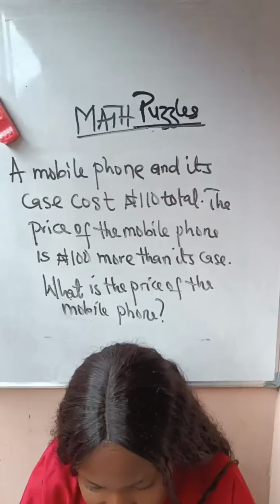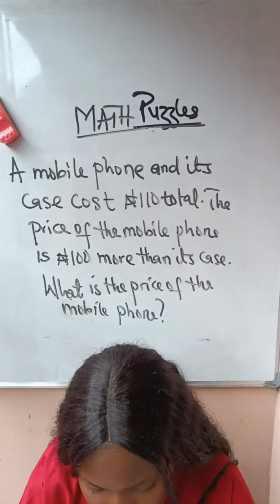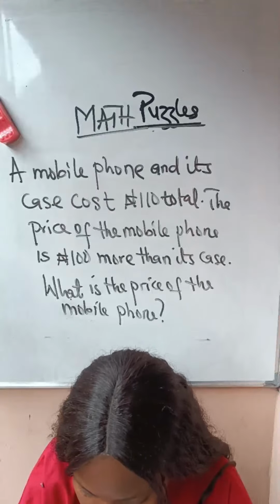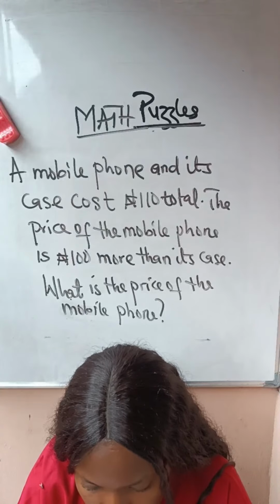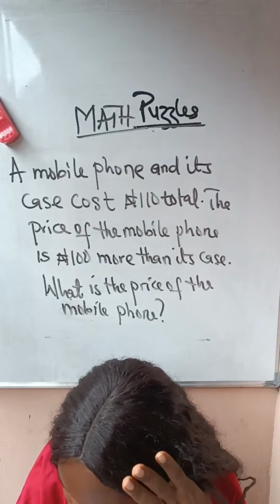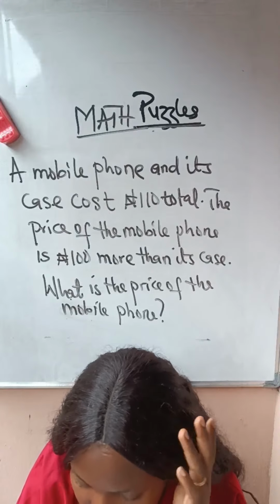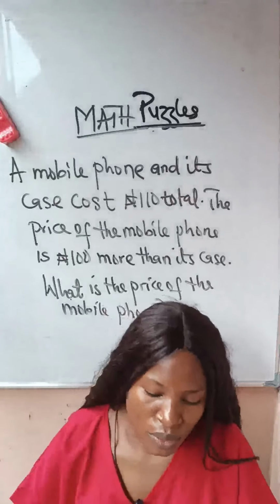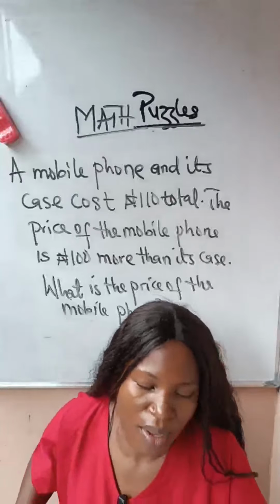Murphy is saying the answer is 105. Rohit is saying 105 as well. Remember that we'll still solve this together. So even if you don't know it, stick around while we do it together so that you know and understand it.